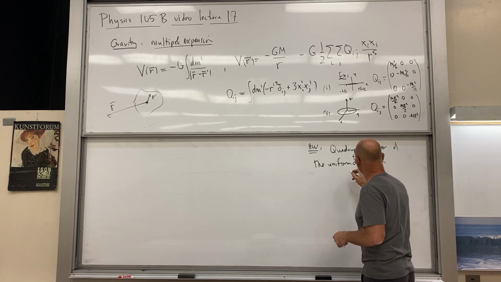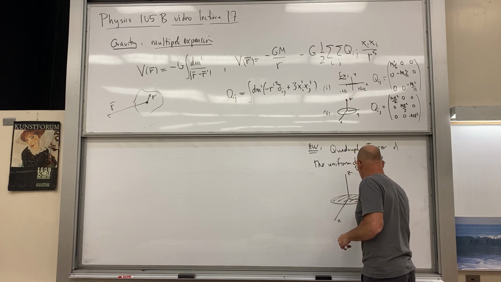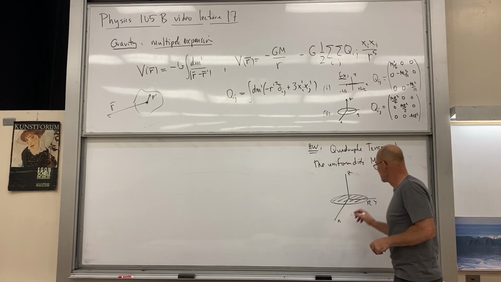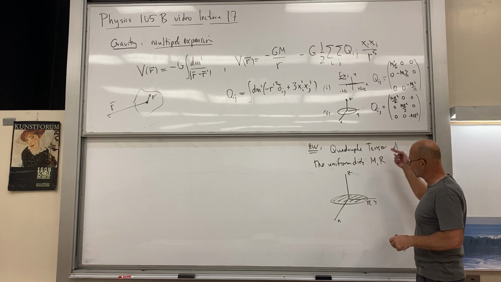And the calculation is similar as well. So let's go ahead and sketch that in here. In this case, X, Y, Z, we have a disk of radius R and mass M.